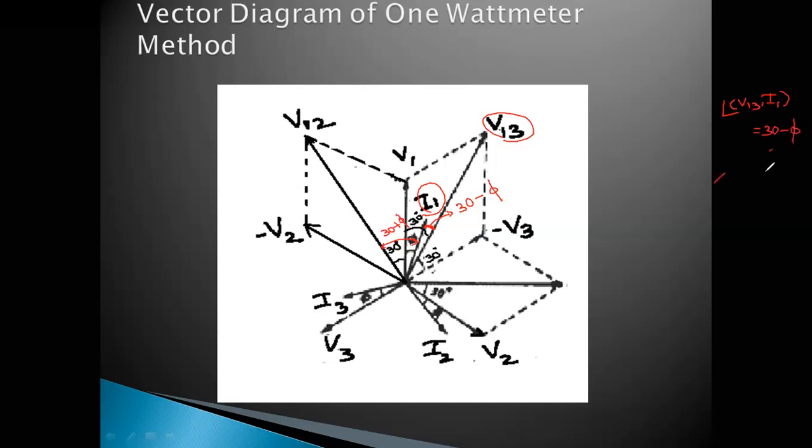Similarly, the angle between V12 and I1 is 30 plus 5. Hope it is clear from the explanation. Let me clear the drawings.